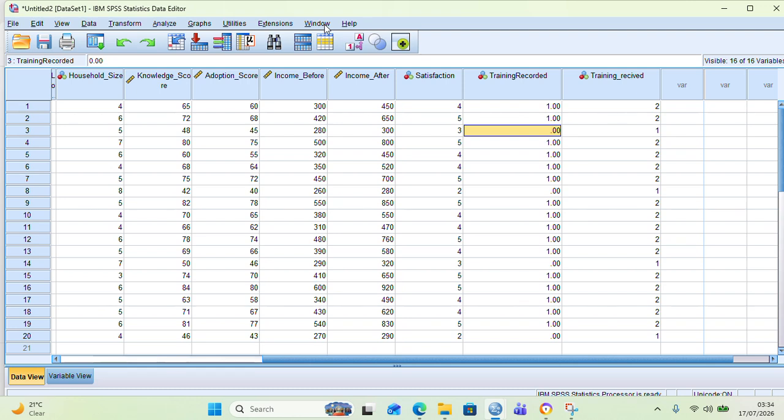Examples where you can apply one-way ANOVA is when you want to compare the average crop yield among three fertilizer types, maybe DAP, NAP, NPK, and then maybe you have foliar. The second example is to compare the average household income across three counties.